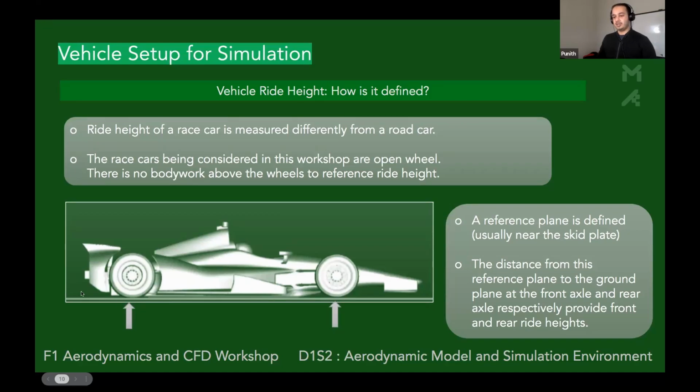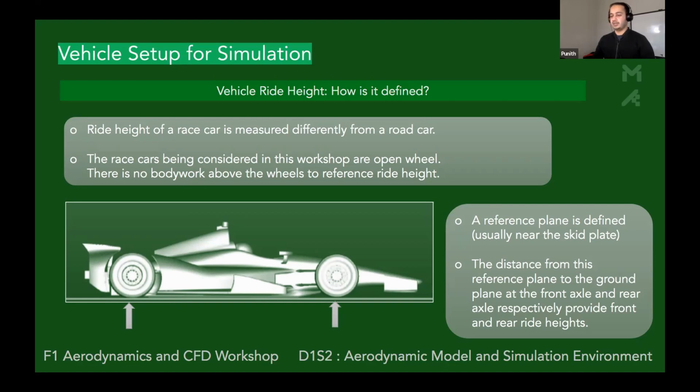So if you imagine a reference plane that touches the car and will move as the car moves, as the car pitches, rolls, and all that, then from that plane to the ground, measured at the front axle, will be your front ride height. And from that plane to your ground plane, measured at the rear axle, is your rear ride height. So that's how most groups define front and rear ride height for a race car.